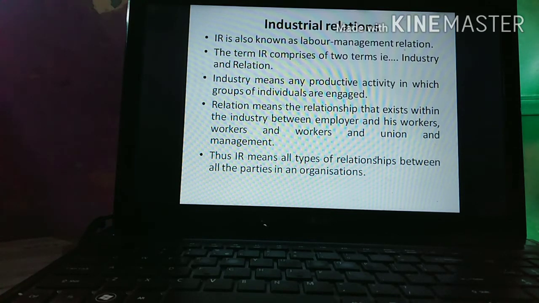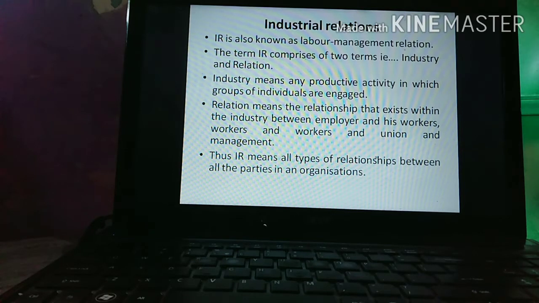Now I come to the point, what industrial relations is. Industrial relations is also known as management labor relations. Labor here means the workers, and management means the employers, right? Industrial relations generally includes two terms, that is industry and relations, right?